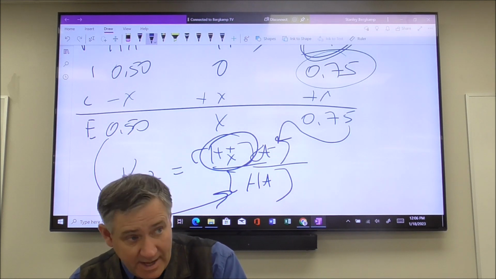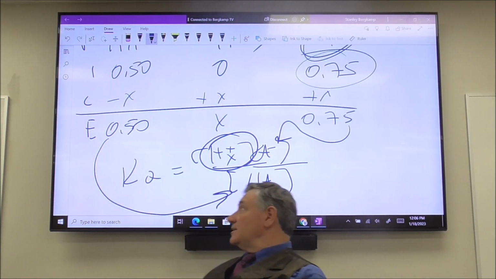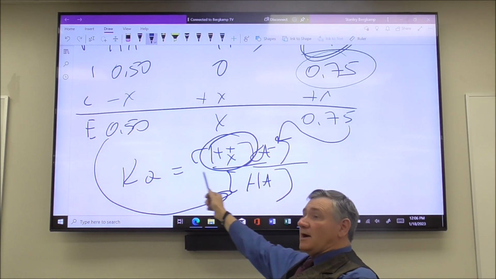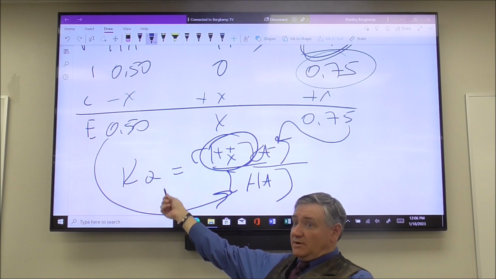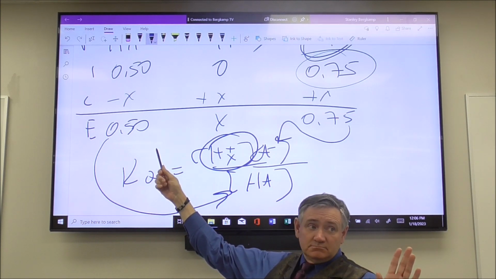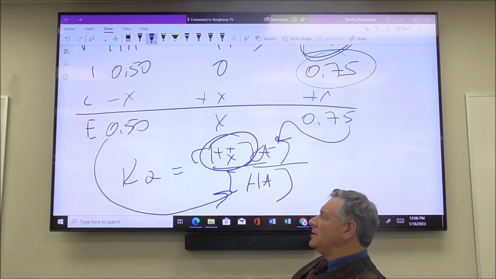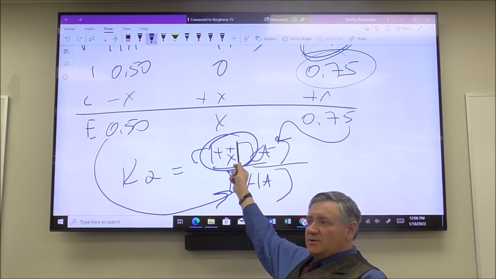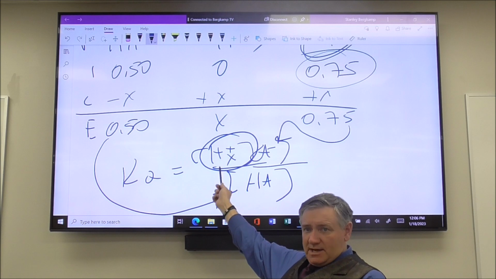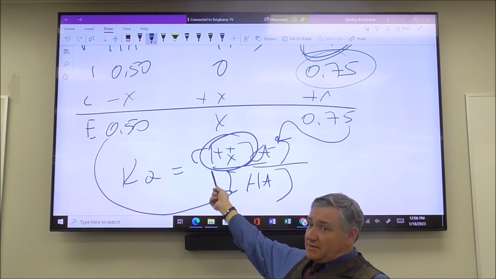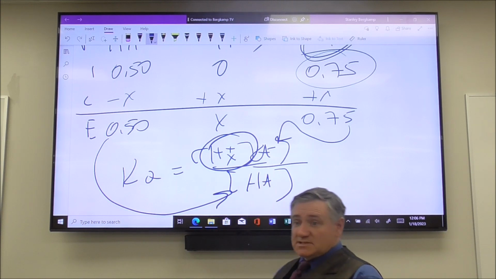You're solving for X. So mathematically, you need to multiply by HA and then divide by that anion. You're not going to take the square root of it like you're used to. You've got to think through this. It's like, Mr. Workamp, tricky you are. So you need to solve for X, which you did before, but before it's just been X times X. This time X is by itself because you know that's going to be 0.75.